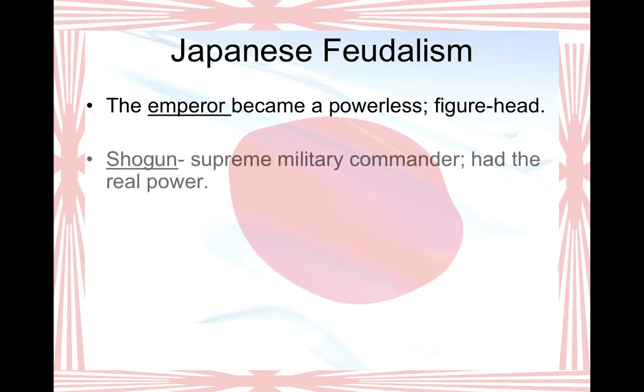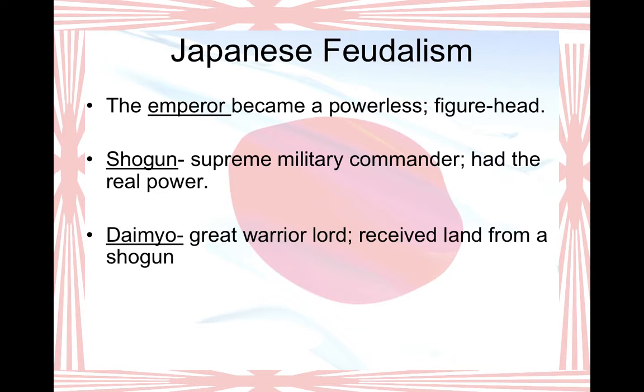So the emperor, who would sound like the most important figure, was actually very powerless. It was just a ceremonial position. He didn't actually rule. It was actually the shoguns who ruled. The shogun was the supreme military commander, and he had the real power. So he actually controlled life in Japan.